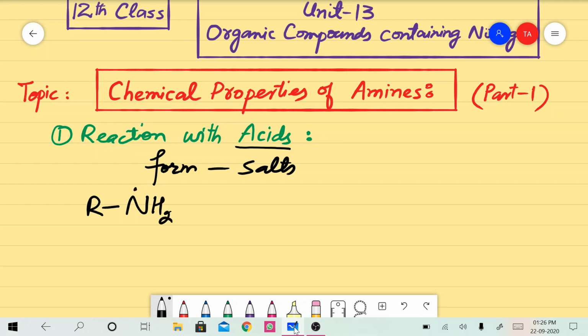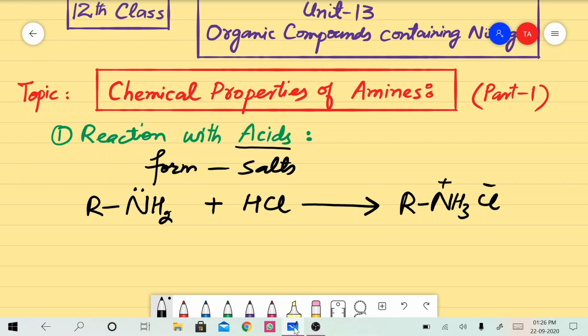a primary amine having general formula RNH2 reacts with an acid, hydrochloric acid, and forms a salt RNH3 positive Cl negative. ये salt कैसे बनता है?